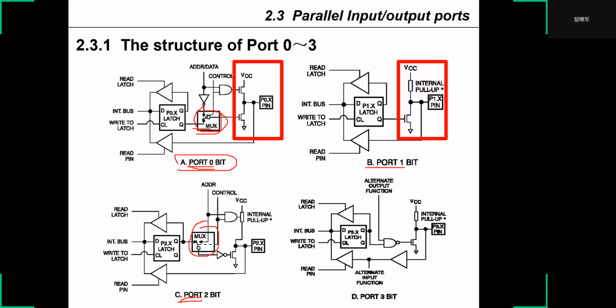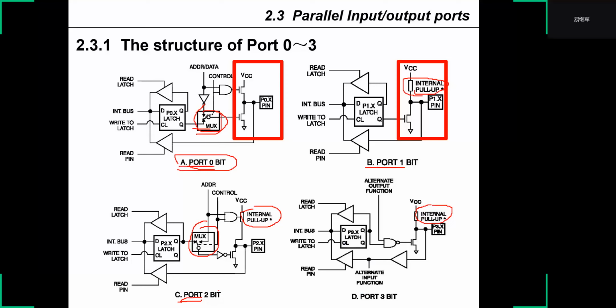Port 1, 2, 3 all have the pull-up resistor. This is common between them. But there is no pull-up resistor in port 0.